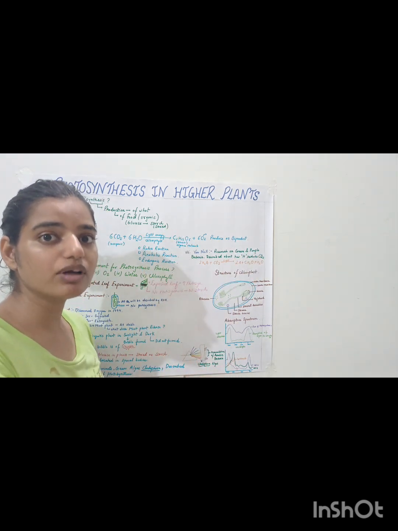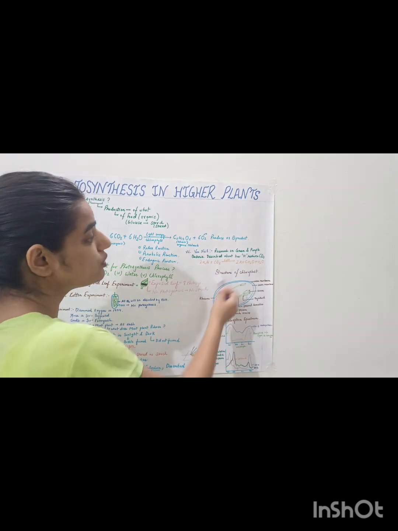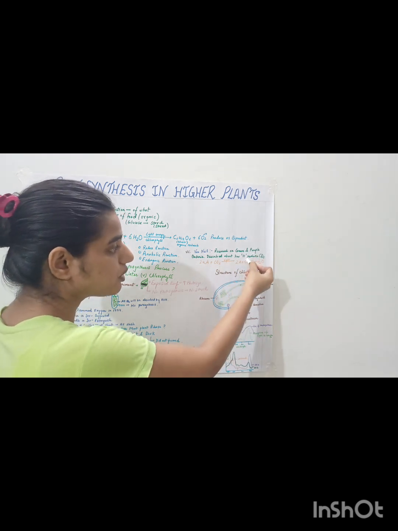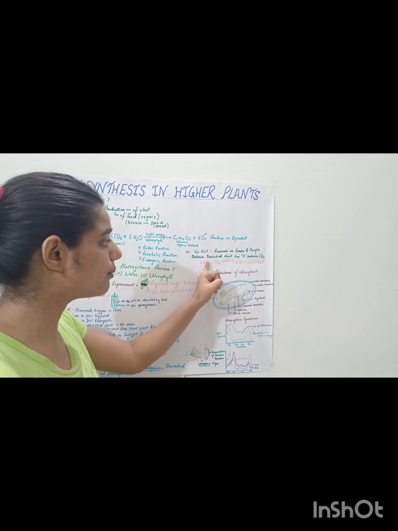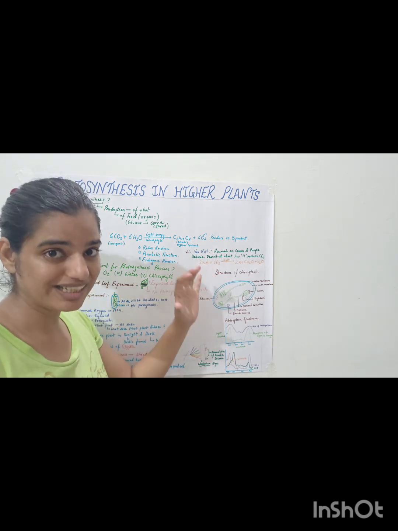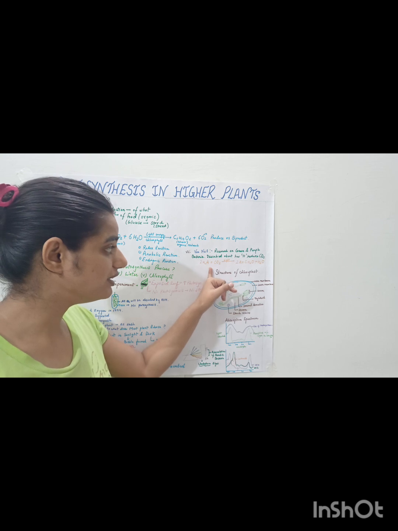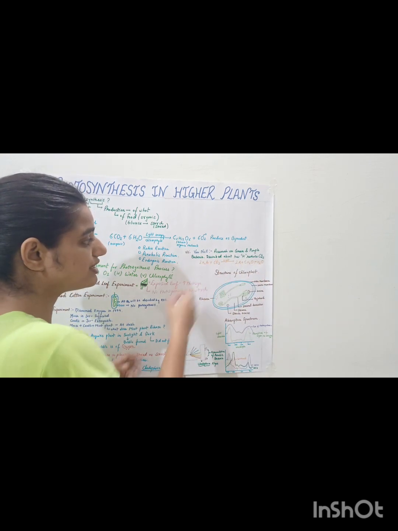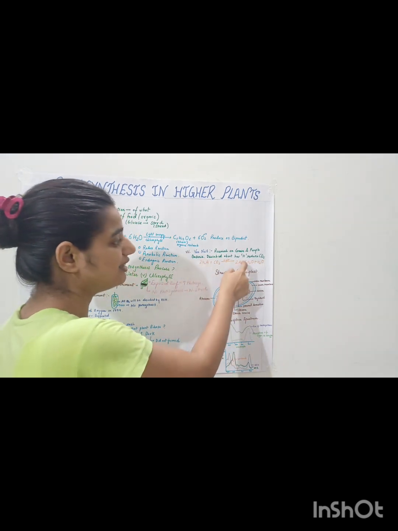If a molecule having hydrogen is able to reduce the CO2, only then the organic molecule will be produced, and depending upon which molecule the hydrogen is taken from, the product will be formed. If this molecule is H2A, if it is H2O, then oxygen is released.